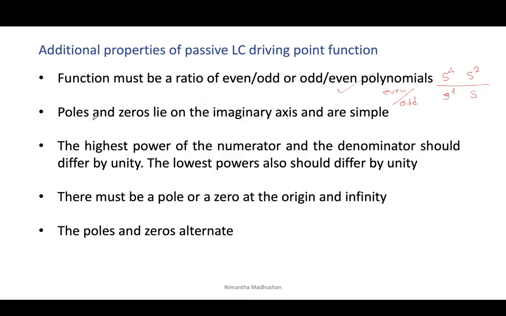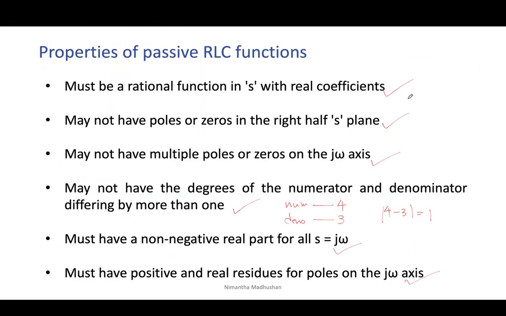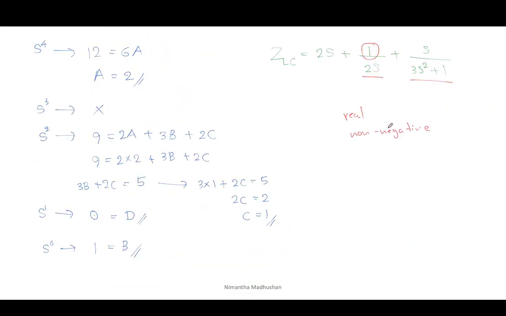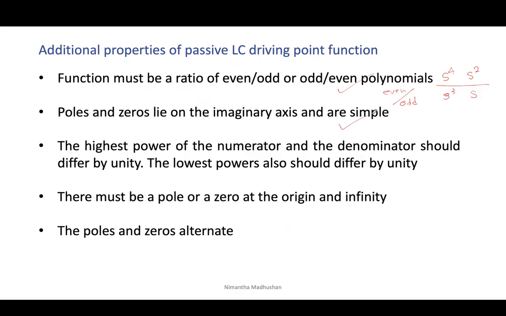And the second one says poles and zeros lie on the imaginary axis and are simple. You can see in this example poles lie on the imaginary axis and are simple. Then the third one is that the highest power of the numerator and denominator should differ by unity. Numerator polynomial is 4 and the denominator polynomial is 3.